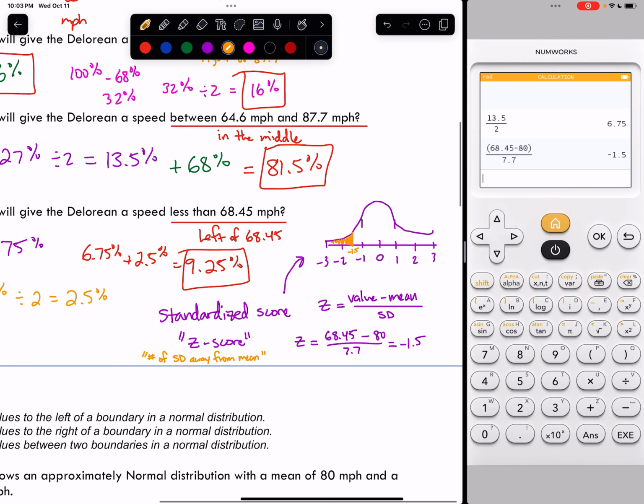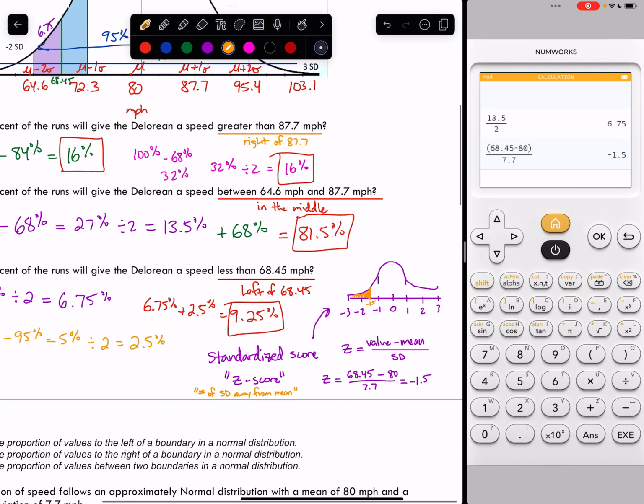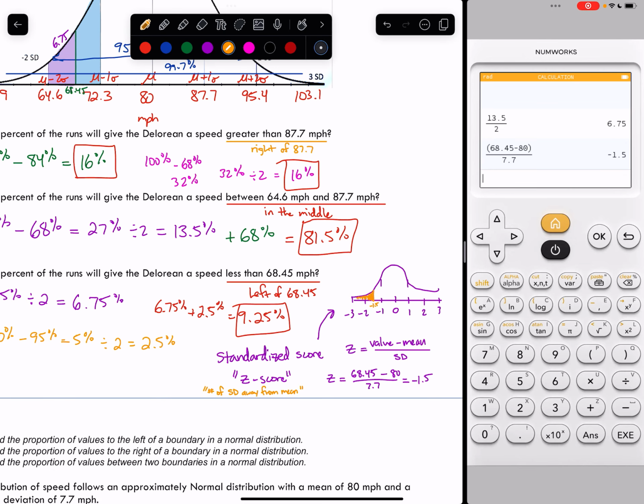So how do we use this? What do we do with this information? We're going to go into our distributions app. We're going to go down to distributions, click OK. We're going to go down to normal, because we're working with a normal distribution.